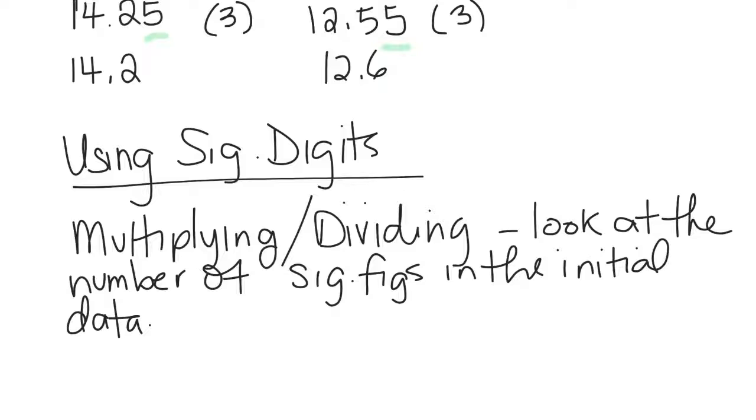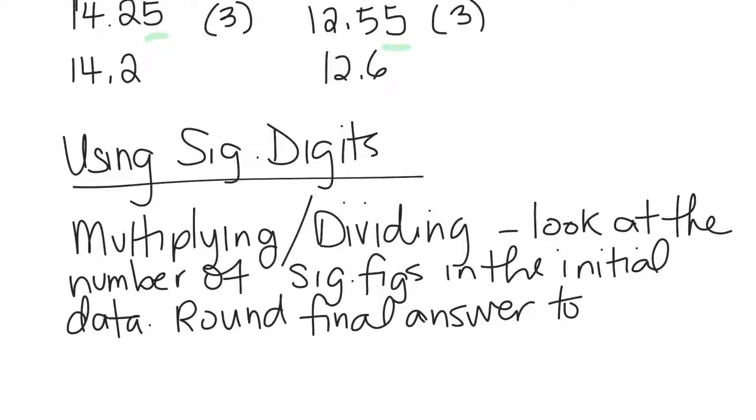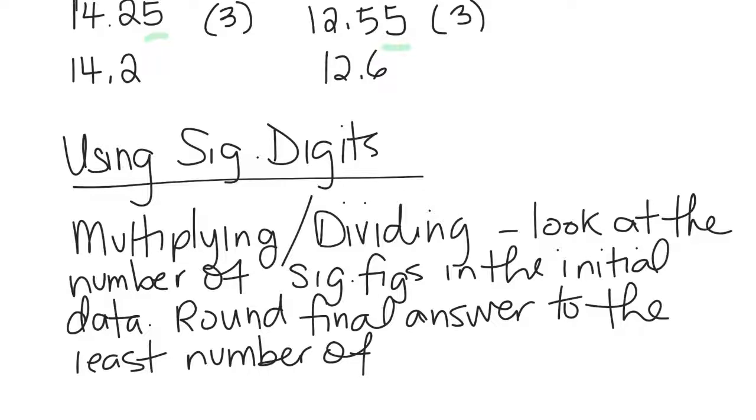So if you're given a problem, you're always going to go back to your initial data. And you will round your final answer to the least number of significant digits in the data.